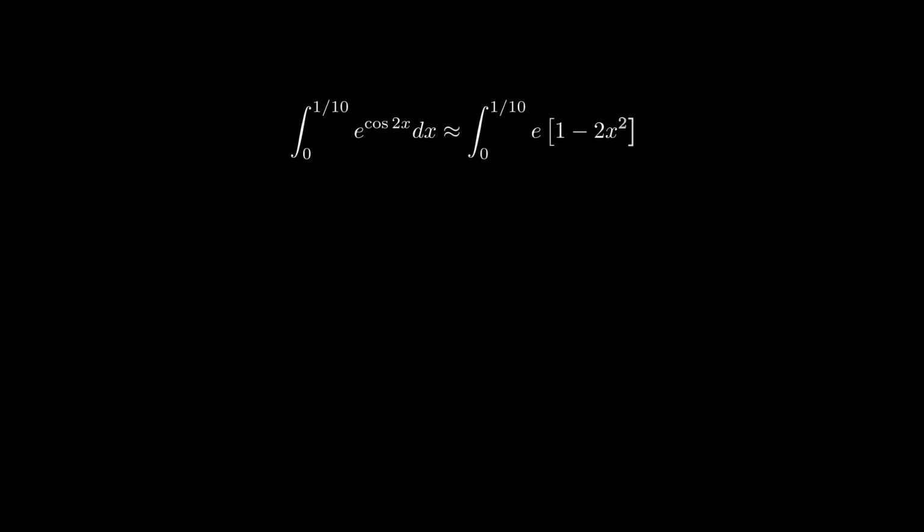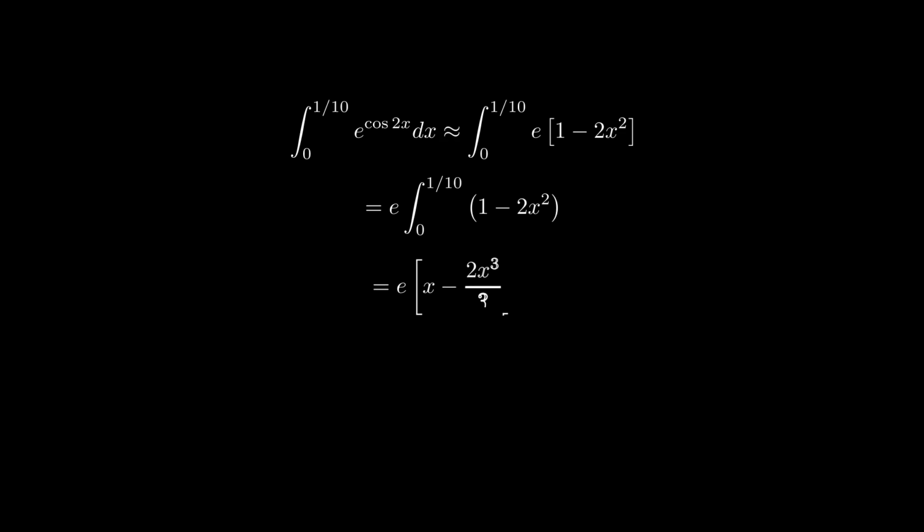We simply start replacing e to the cosine 2x with the first two terms of the Maclaurin series that we've already evaluated. So setting that approximately equal to the integral between 0 and 1/10 of e times 1 minus 2x squared, we can factorize out the e as the integral of e is just e. So we're left with e times the integral between 0 and 1/10 of 1 minus 2x squared.